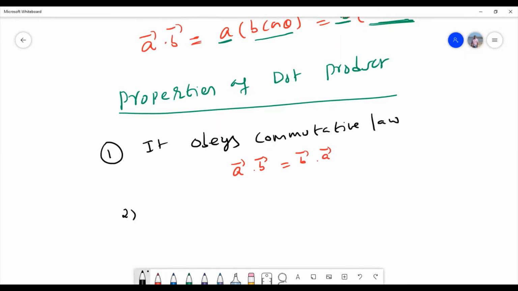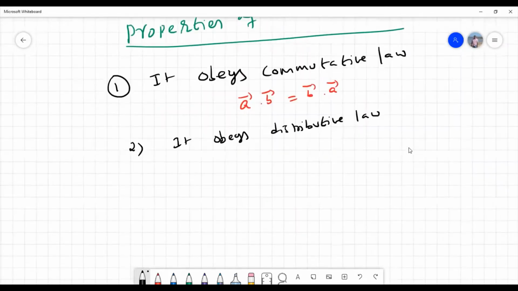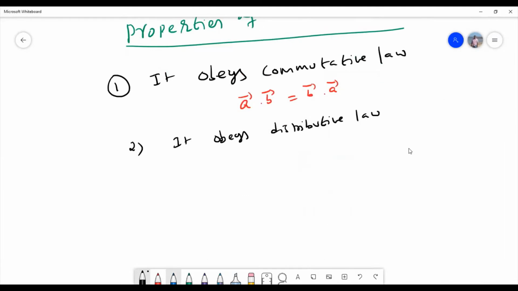The second one is it obeys distributive law. Dot product obeys even the distributive law. So what does distributive law mean here?